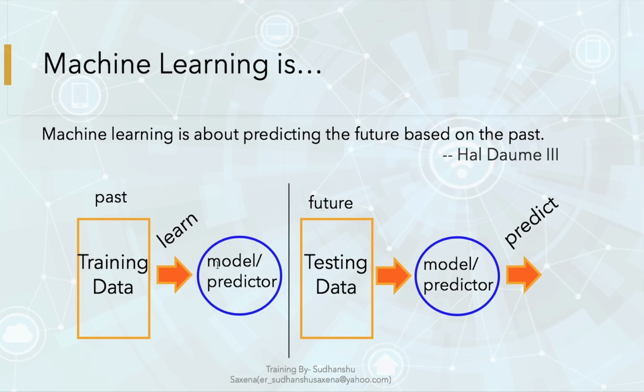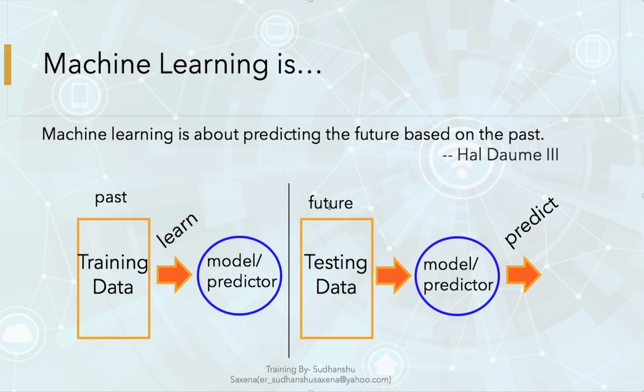So we pass on some training data, like for 20 days I'm showing something to my kid. This is training data, and with that training data, the machine has created some mathematical assumptions, and it learned from that data. In the future, on the 21st day, when I pass on testing data to test the knowledge of the machine, it's nothing but the futuristic thing.